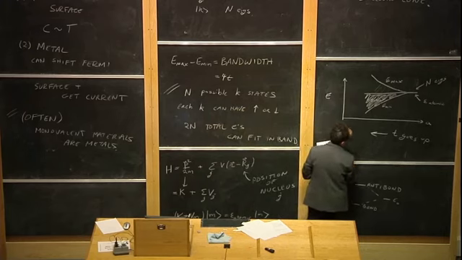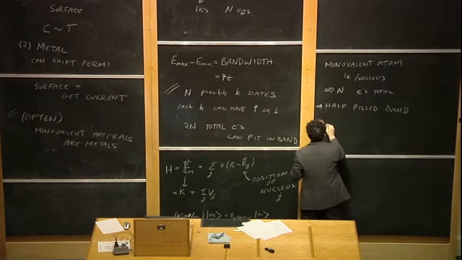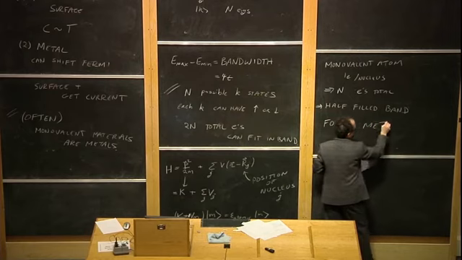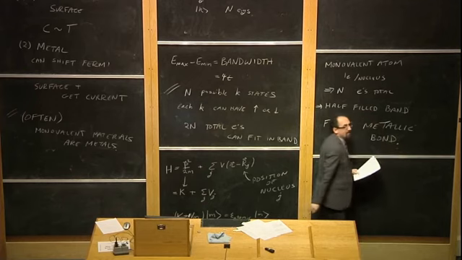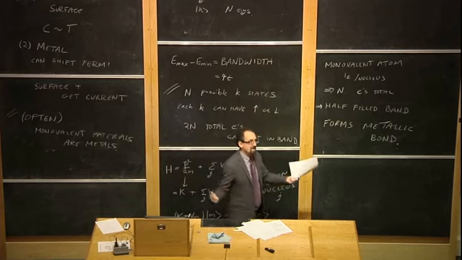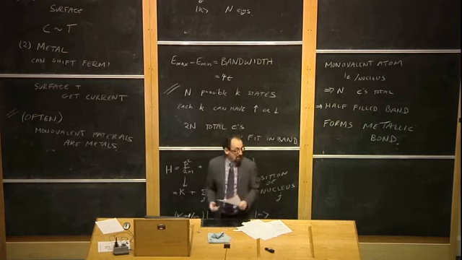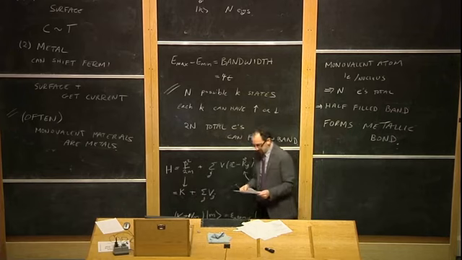So that is what forms the metallic bond between the nuclei. This is very, very similar to the covalent bond. By letting the electrons delocalize, by letting them reduce their kinetic energy, by spreading out their wave function, it forms a bonding force that holds the nuclei together.